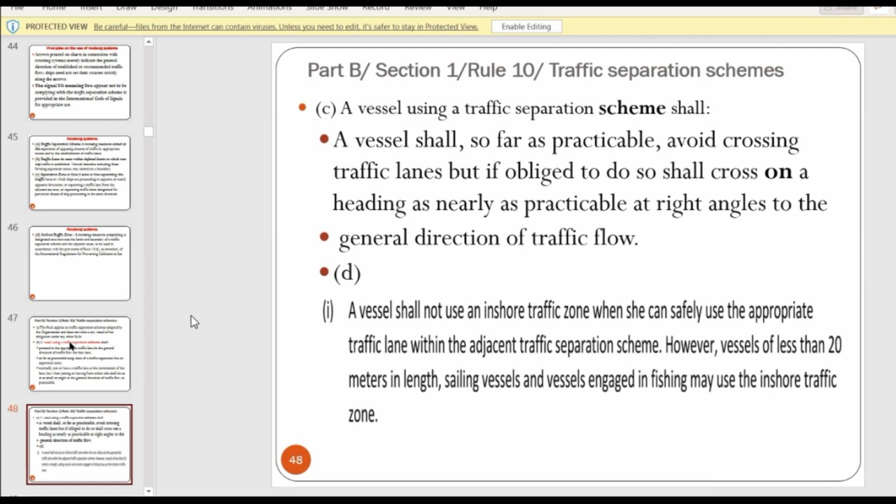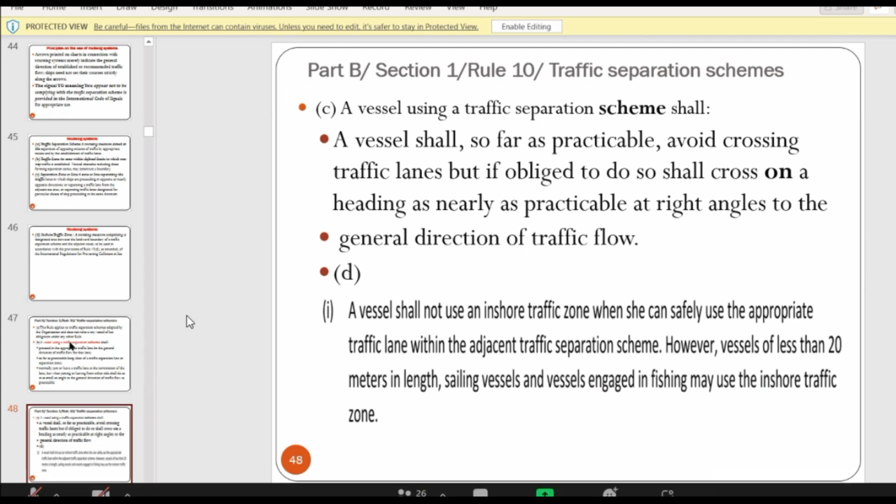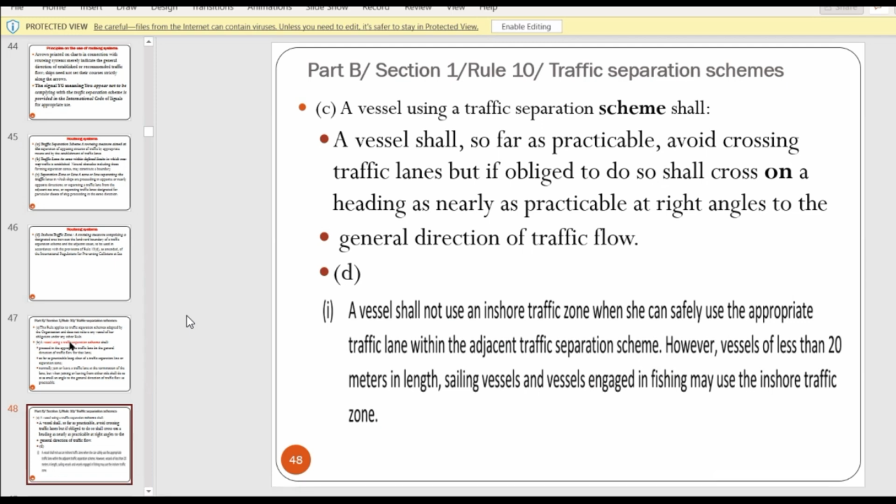But if obliged to do so, shall cross on a heading as nearly as practicable at right angles. So therefore, crossing is generally not permitted in a TSS.